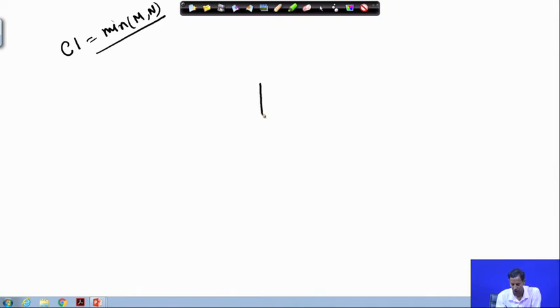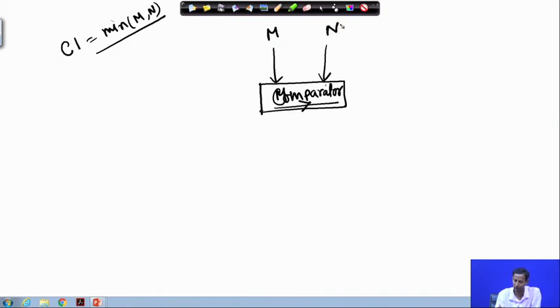That means I need one comparator. Comparator means it will tell me whether one is greater than the other. Suppose this is m, this is n.